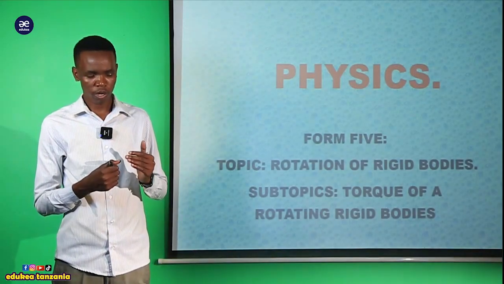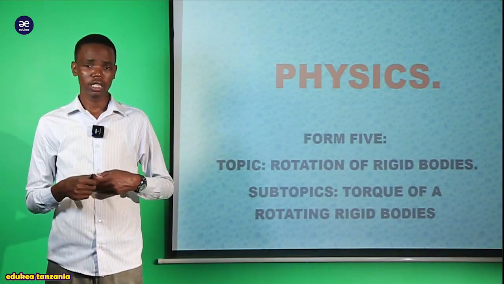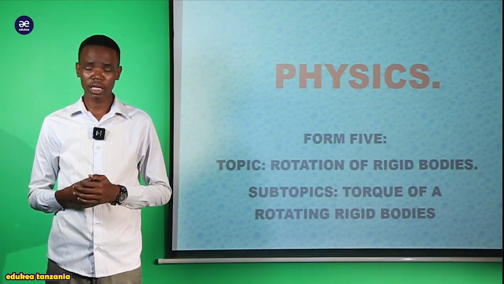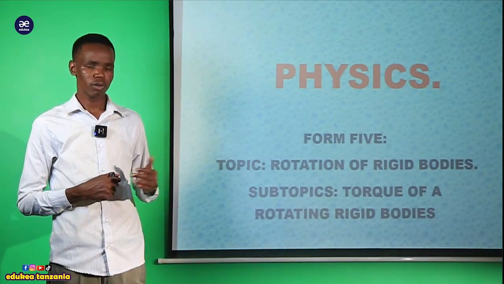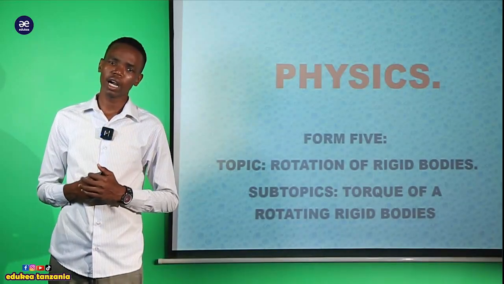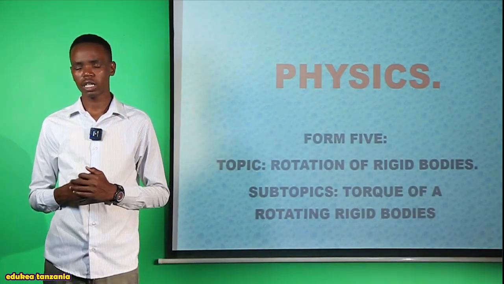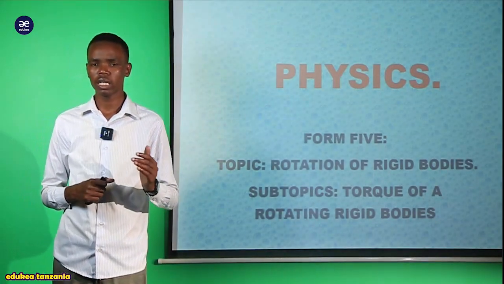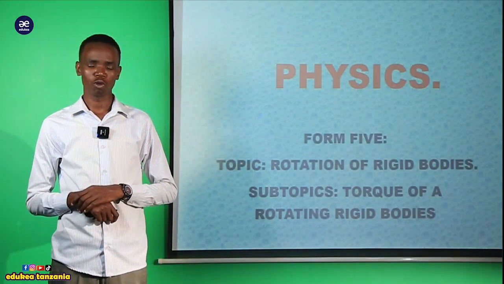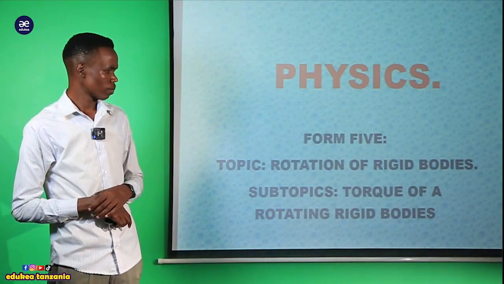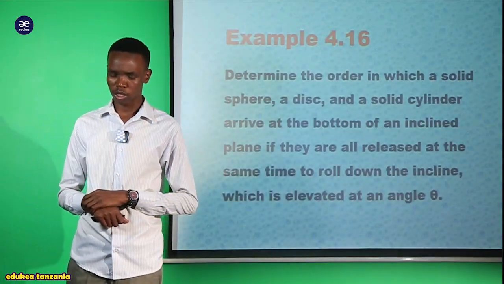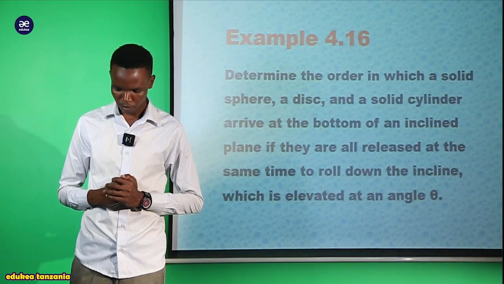Simplifying in terms of the dimensionless coefficient c, we said that a, which represents the linear acceleration, must be equal to g sin theta divided by 1 plus c. That is what we tried to see in the last session.